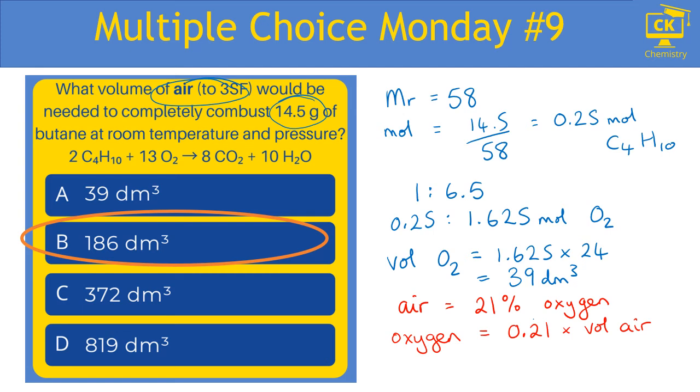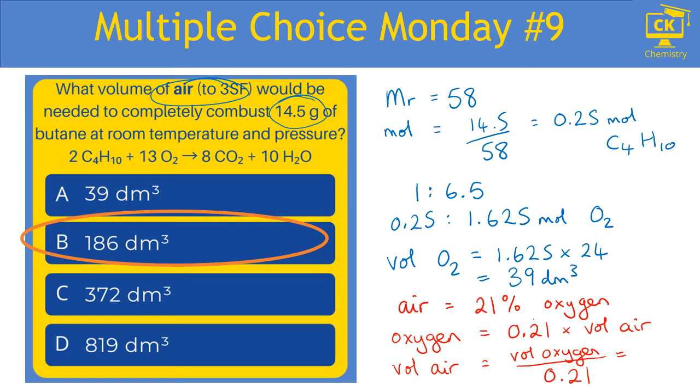By writing it out like this, can you see that in order to find the volume of air, it's going to be equal to the volume of oxygen divided by 0.21. That's the same as multiplying by 100 and dividing by 21, which is basically reversing the percentage equation.